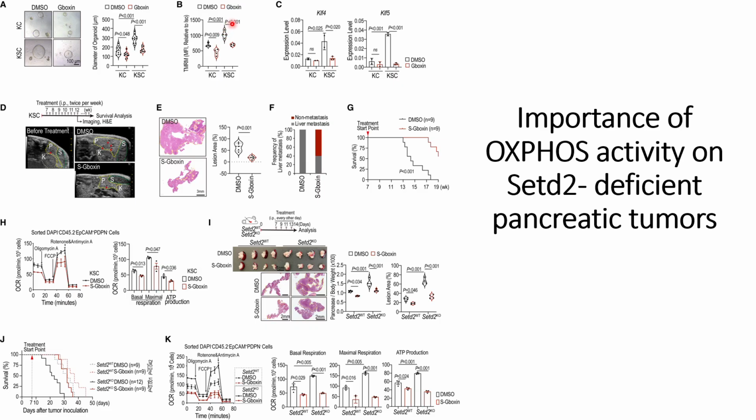From panel B we can see that the p-value is around 0.001 for TMRM, and other stem cell factors such as KLF4 and KLF5 also go down when the KSC-derived tumor cells are treated with Gboxin.